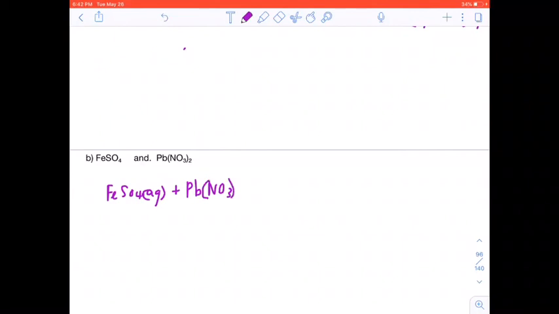You know, all sulfates are soluble, and when they exchange partners, we get PbSO4, we know it's insoluble, plus Fe(NO3)2.